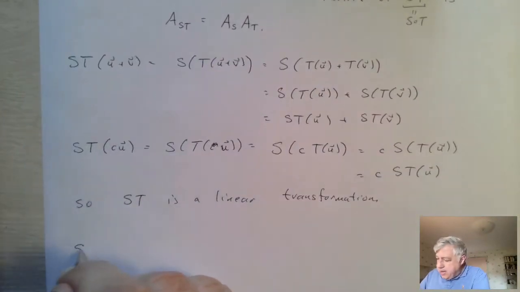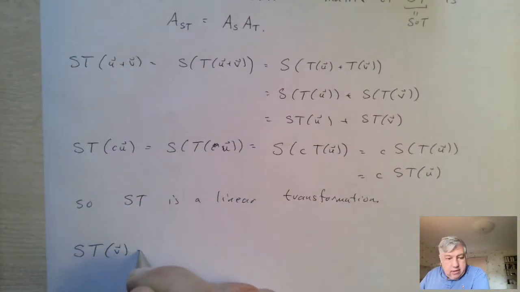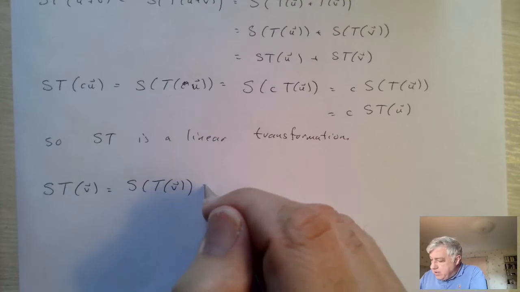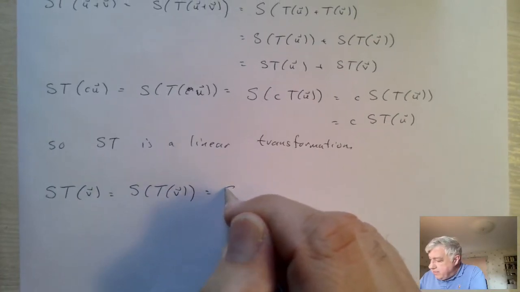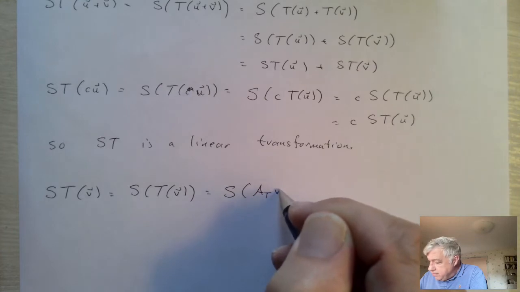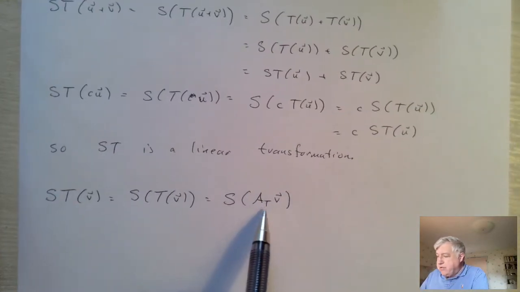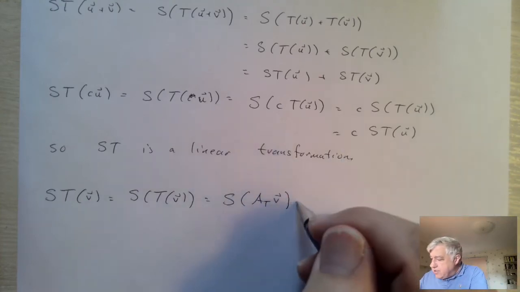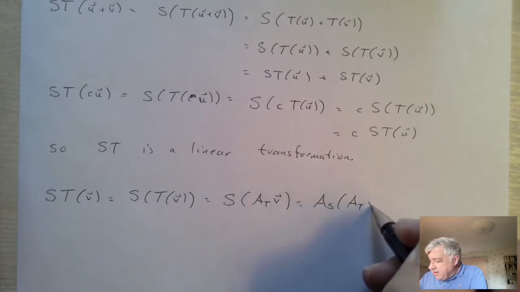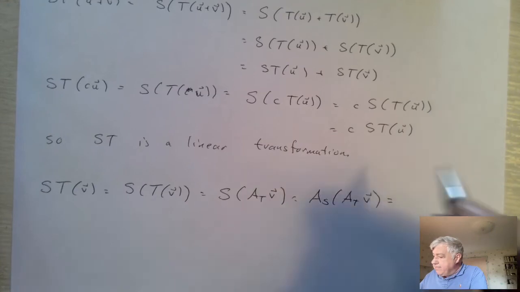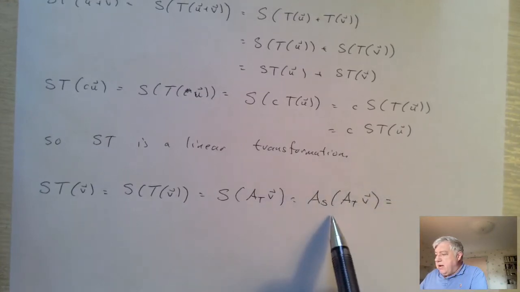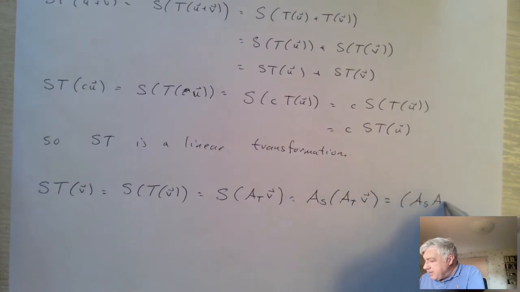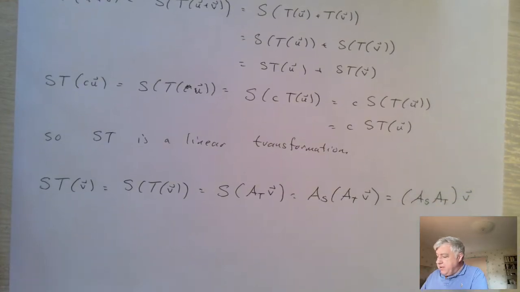ST of v is S of T of v, but T of v can be written as A_T times v, where A_T is the standard matrix of T. Then this is a vector, and we're applying S to it, so this is A_S times A_T v, and by the associativity property of matrices, this is A_S A_T v. I should have said that the standard matrix is unique.